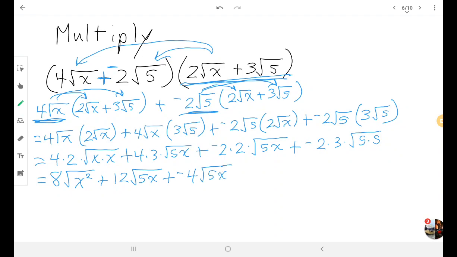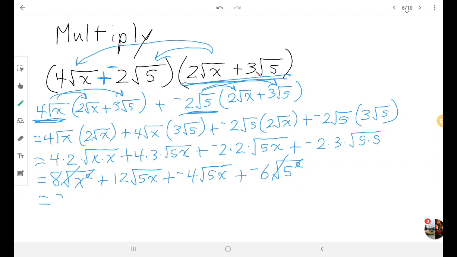And that's going to be helpful because I'll be able to put those two together as like terms here in a moment. Plus negative 2 times 3 is negative 6 times the square root of 5 times 5, which I could look at as 5 squared. So then, let's take care of these square roots that cancel squares. Let's do that first.